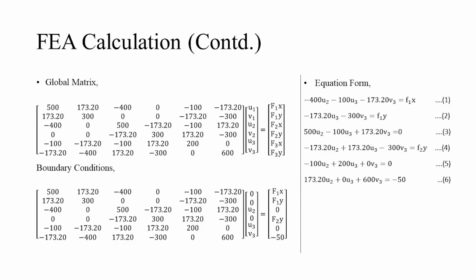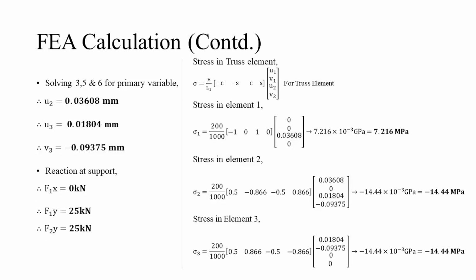The global matrix is assembled by combining the elemental matrices, and boundary conditions are imposed, which results in a set of linear equations that can be solved for the unknown variables. Forces are calculated from the equation by substituting the variables into the equation, and stresses are also calculated.